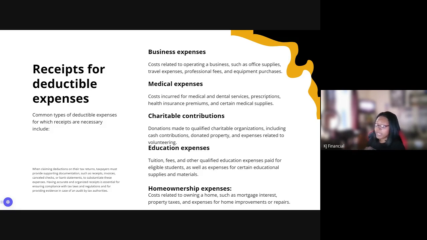If they had to buy anything to utilize to make their business work, that is part of it. If they have to travel for their job, or if they travel to a convention, to a seminar for their position.